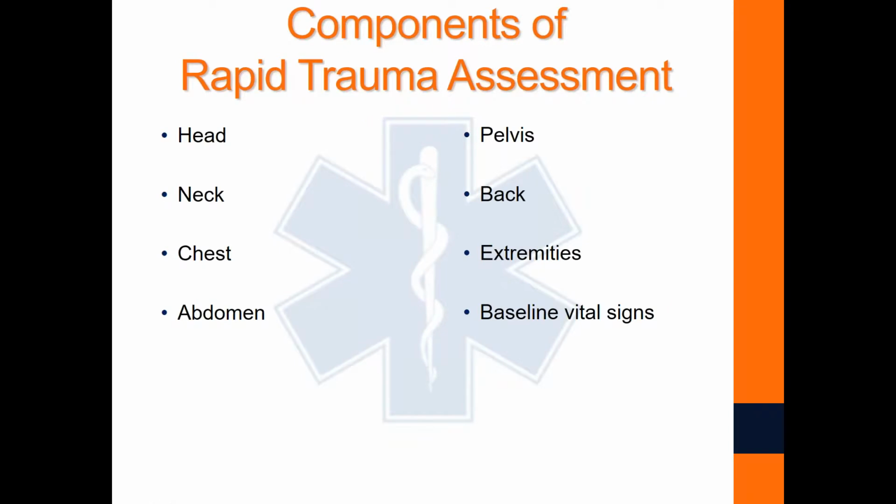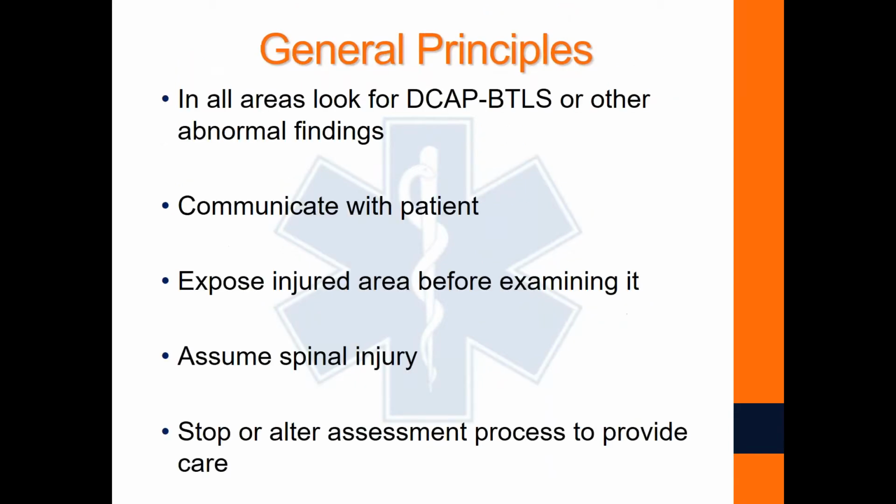We're going to touch everything: head, neck, chest, abdomen, pelvis, back, extremities, and then we get our baseline vital signs. Then is when we'll try and get our SAMPLE history as well. We just work our way through all these things quickly. We're looking for that DCAP-BTLS or any other abnormal findings.